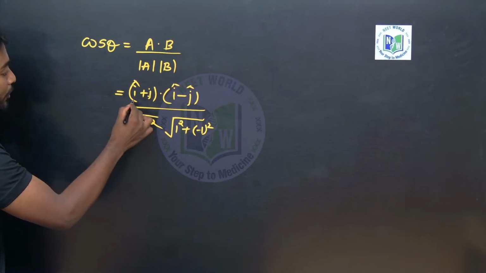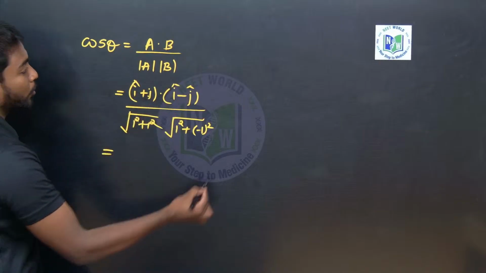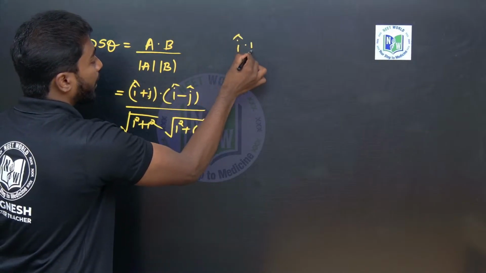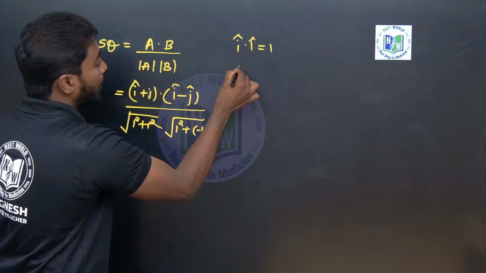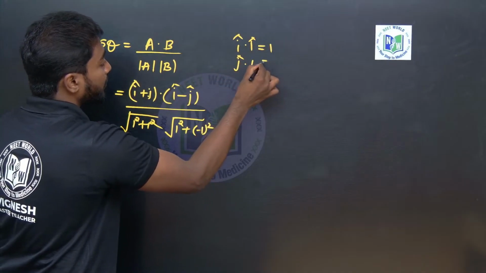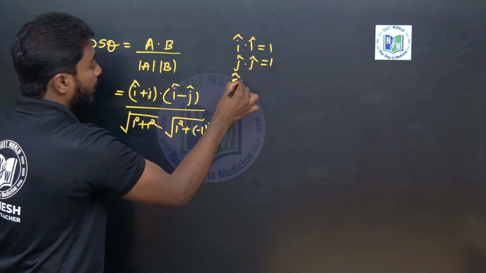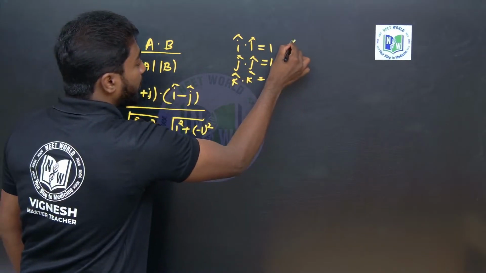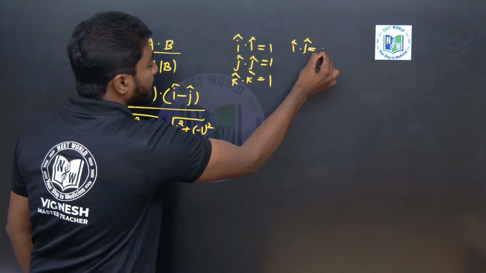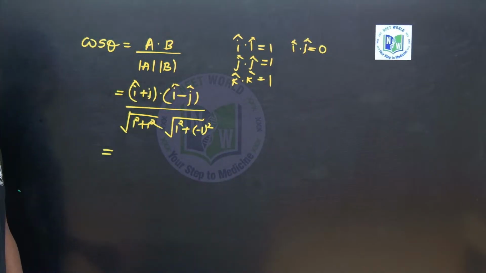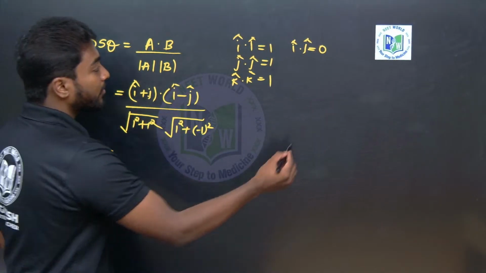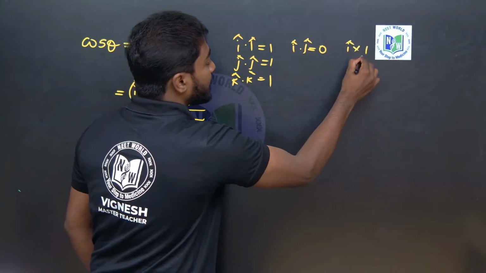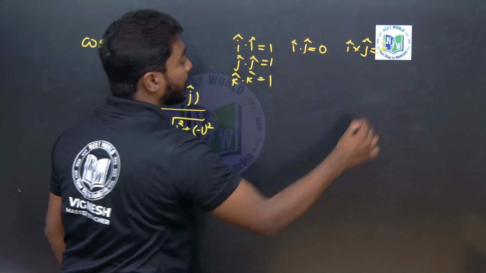For the dot product, we know that i cap dot i cap is 1. Similarly j dot j, and k dot k is also 1. If I do i cap dot j cap, it is 0. i cap cross j cap is k cap.